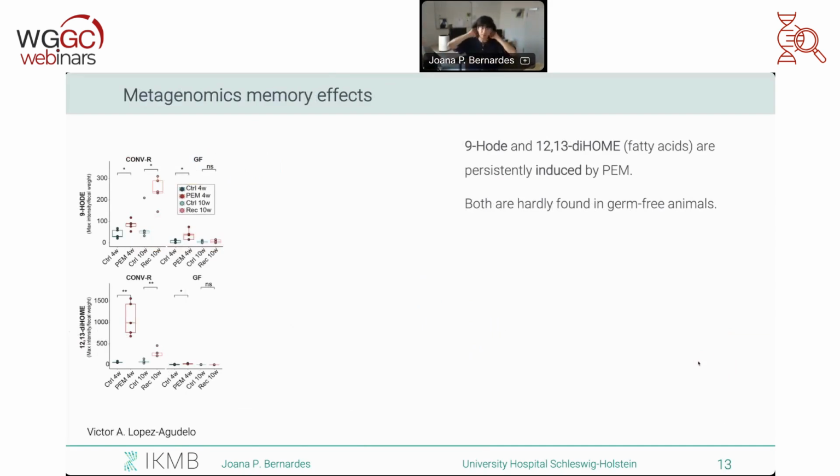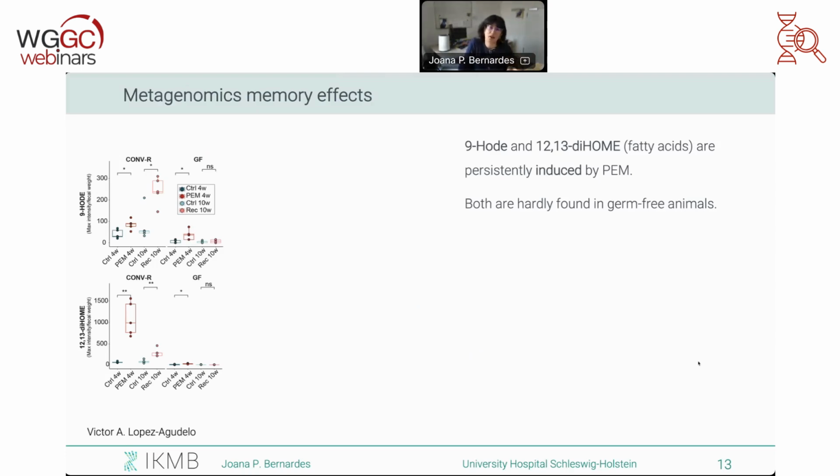In summary of a lot of analysis, we find two candidate fatty acids. We found it nice that our main candidates were fatty acids, because that matches really well with the spatial insights that we have.